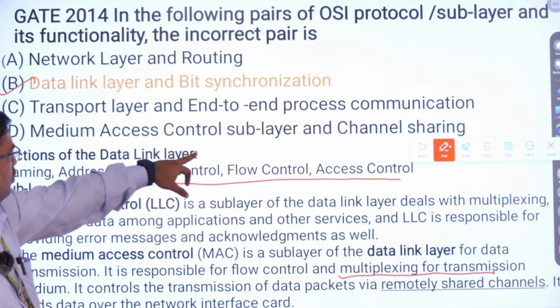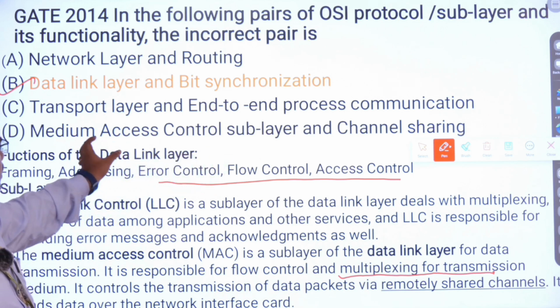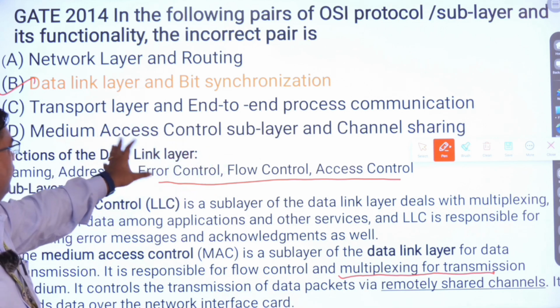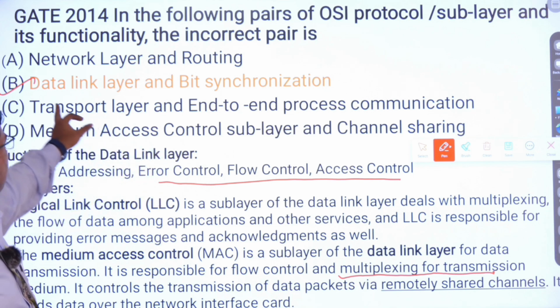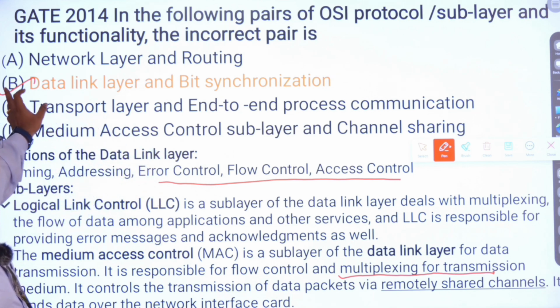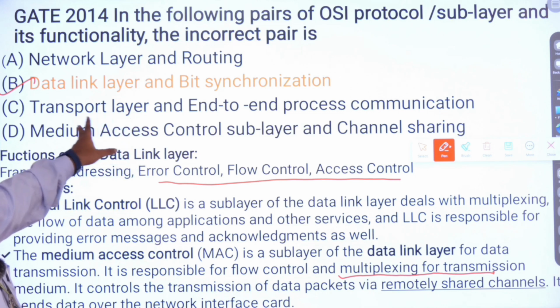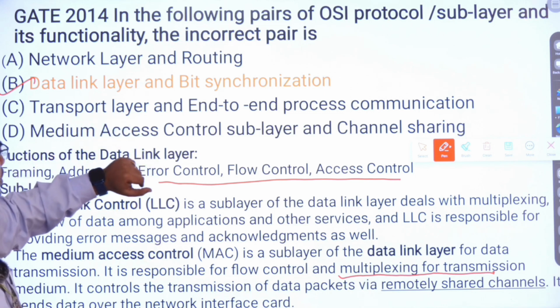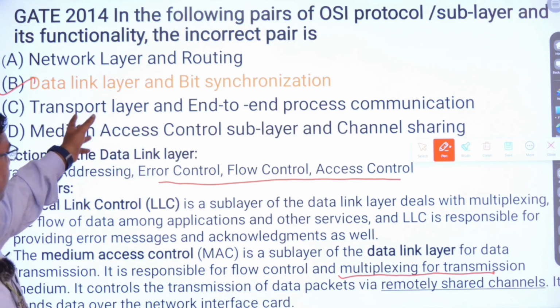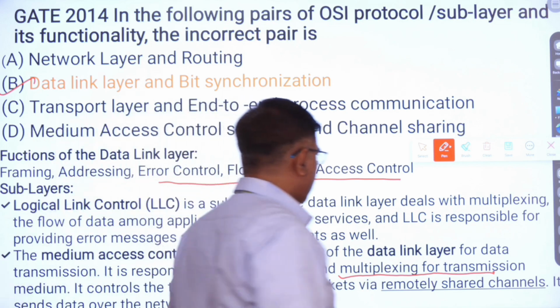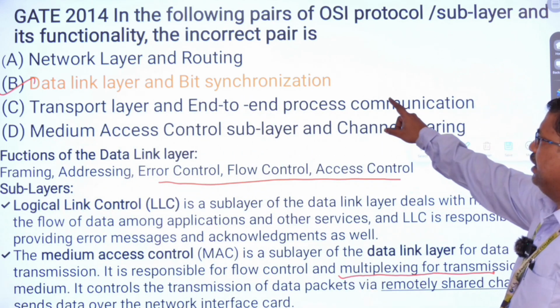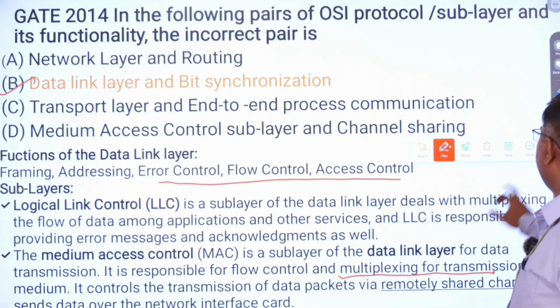Media access control sublayer and channel sharing also have a connection between the two parts. The answer is the one that has no connection between the two parts, that is data link and bit synchronization. Data link layer and bit synchronization will be the correct answer.